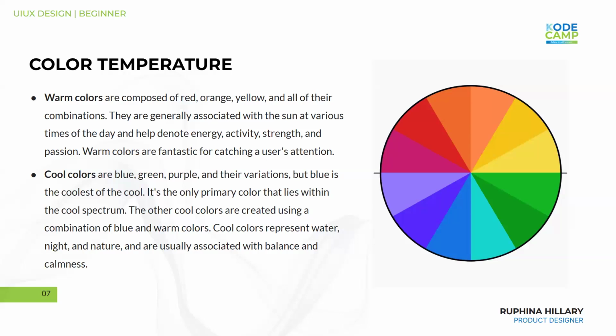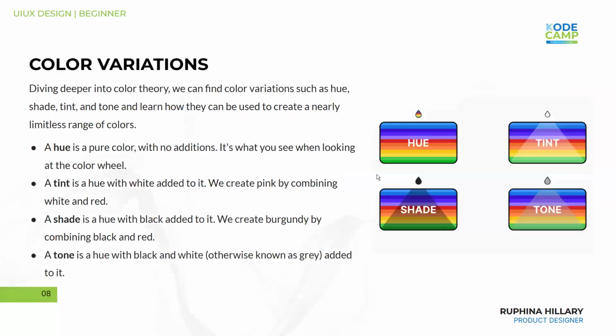They give you this sense of adrenaline rush, right? Compared to cool colors that are calming, they represent water, night, nature, like the green. They are usually created with a combination of blue and warm colors. So that's where the cool colors are gotten from.